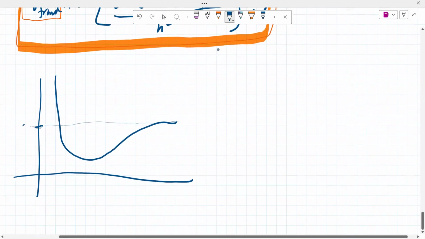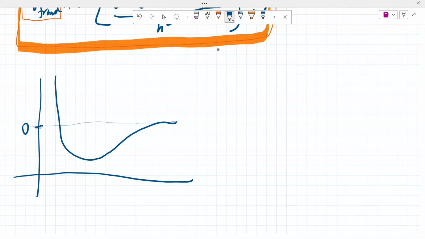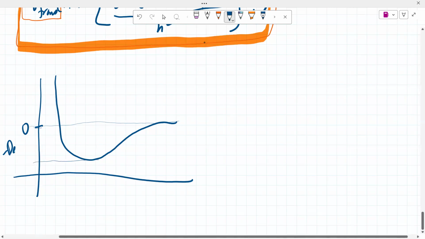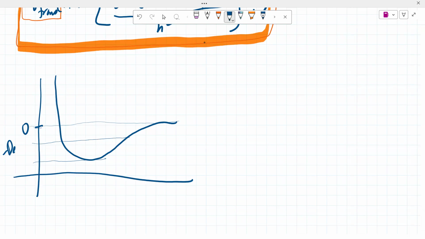This is the 0. And yeah, we're also going to have some other important points in here. I should have done all of those with the thin one. Okay. All right, this one, and then we also are going to have something that goes in the middle.